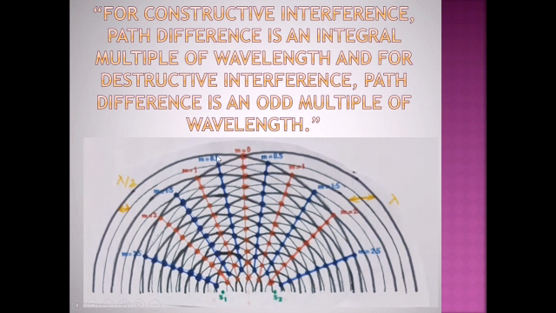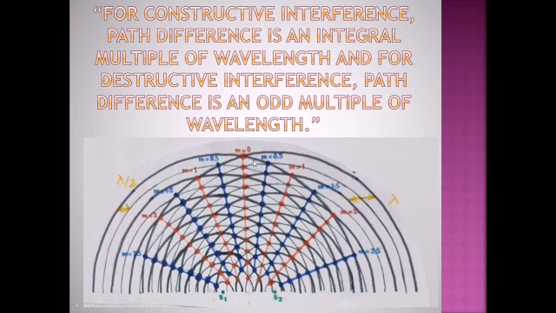So this crest and this crest, path difference is 0. Here trough from one wave and trough from another wave overlap, again path difference is 0. So it will be constructive interference all over there, all red lines.